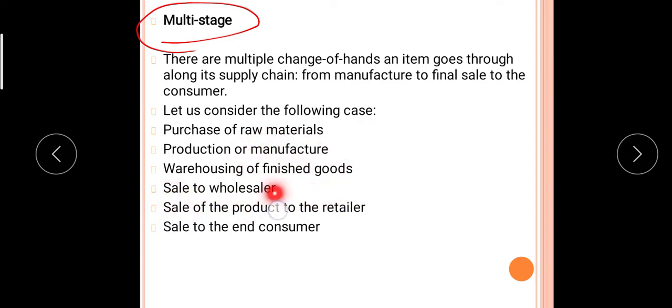Then the wholesaler sells to the retailer, and the retailer sells to the consumer. So these different multiple stages are there between the manufacturer and the consumer. And before GST, at every stage the VAT was there.